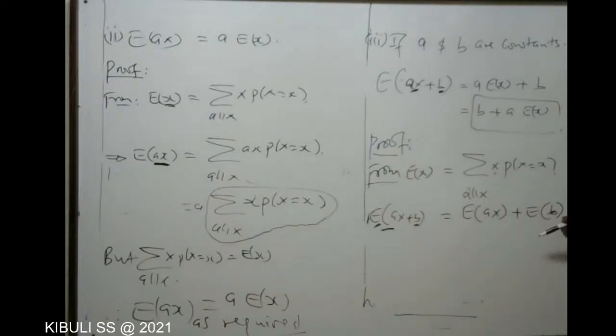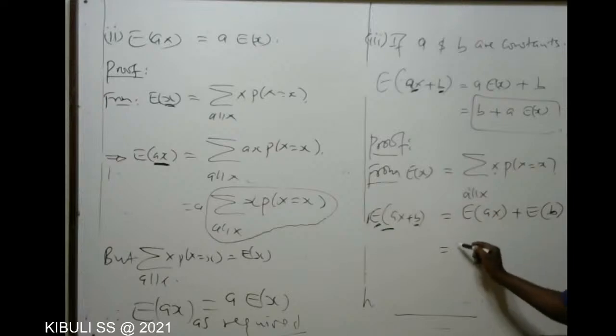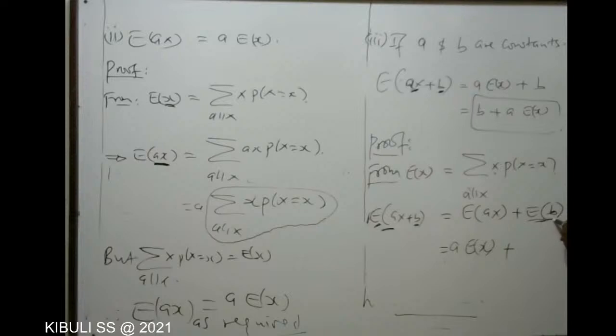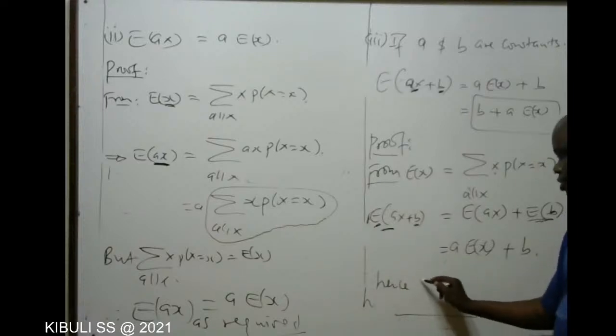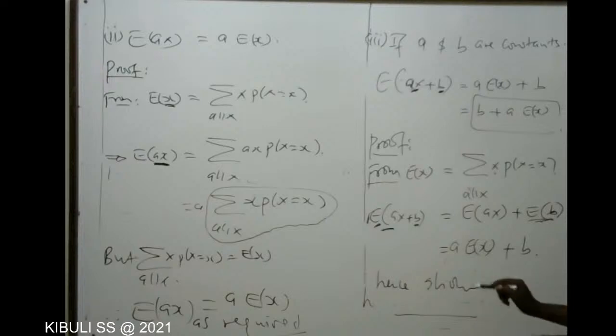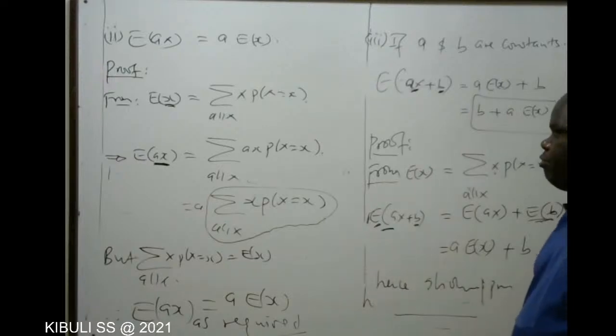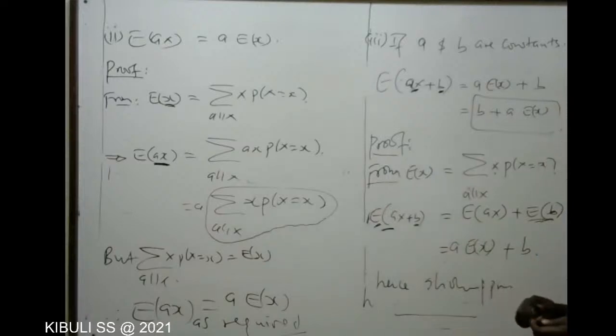But don't forget that this is a constant, and this is also a constant. So because of that, we can pull out these constants. We shall be having a expectation of X plus, and we said earlier on, the expectation of a constant is the constant, so this is plus b. Hence shown, or proved.